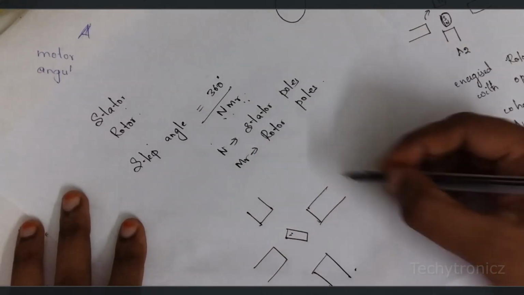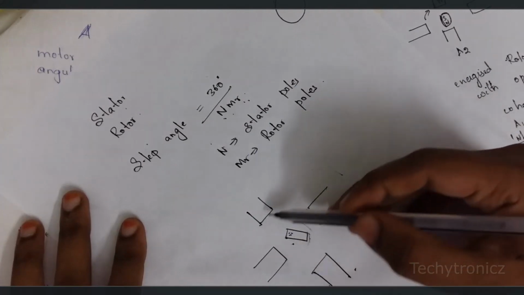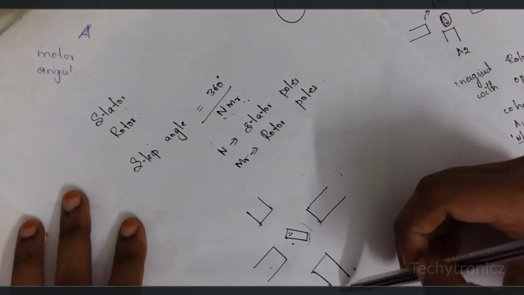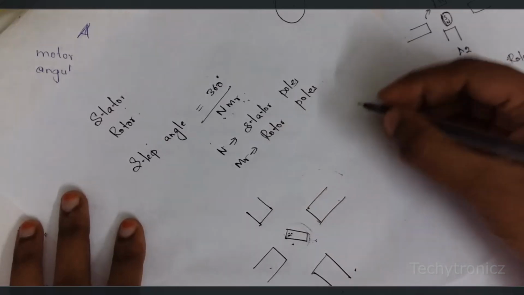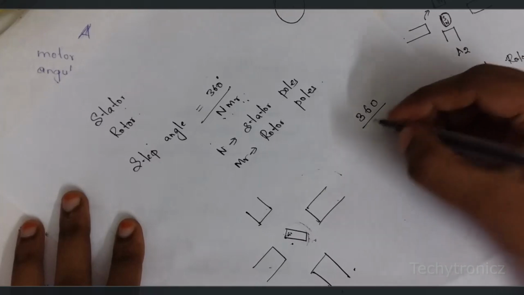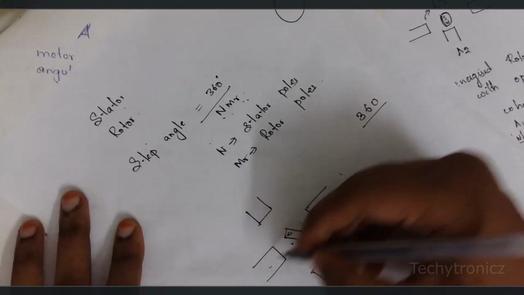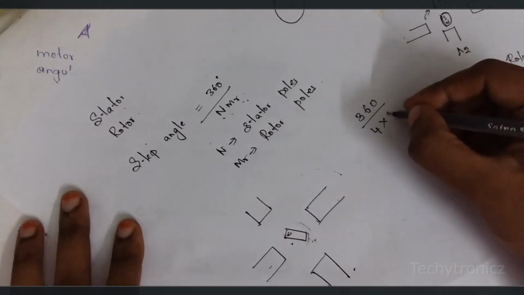Here, these are the stator and this is the rotor. How many stator poles are here? 1, 2, 3 and 4, and the rotor has 2. So how do we calculate the step angle? 360 degree by the number of stator poles, 4, into rotor poles, 2.